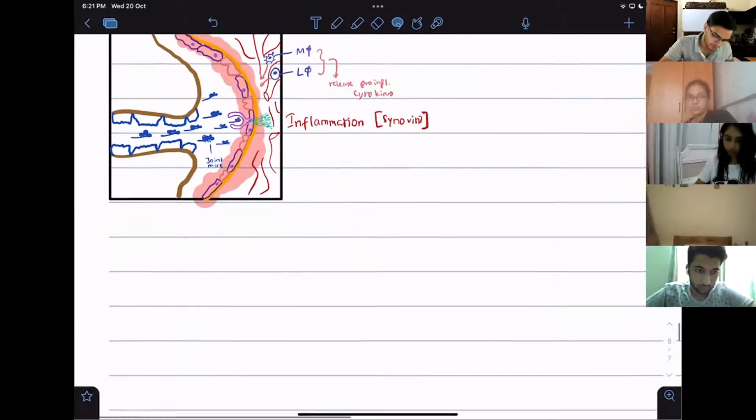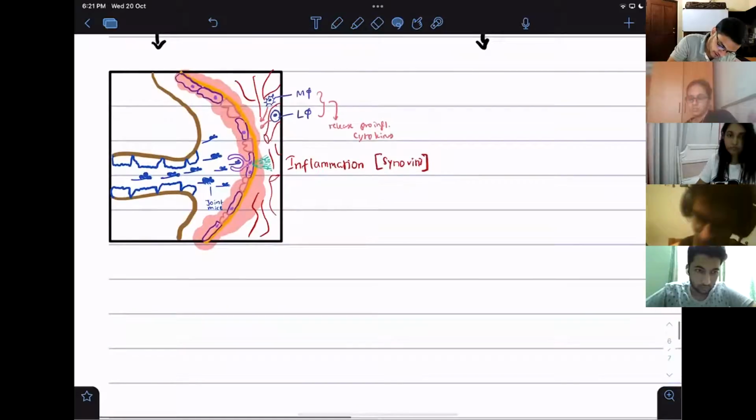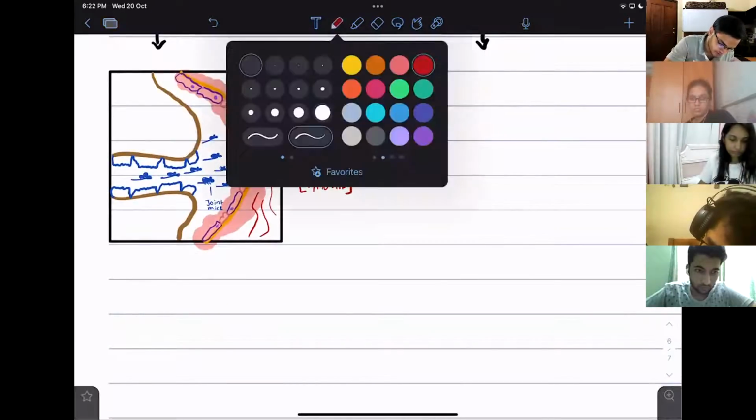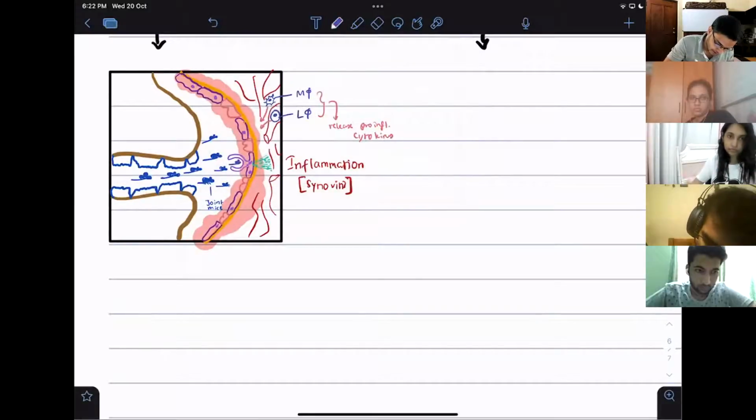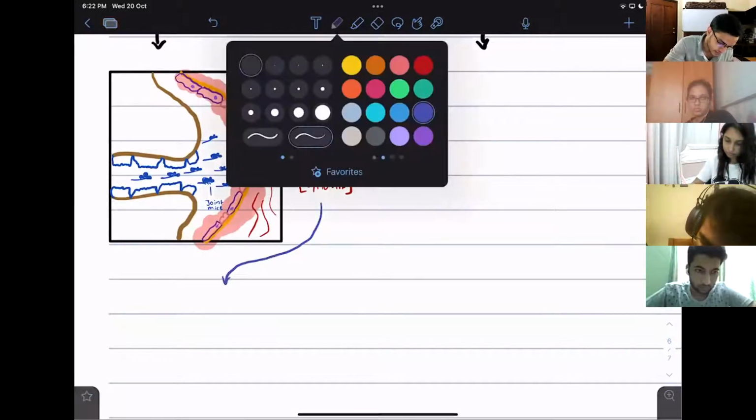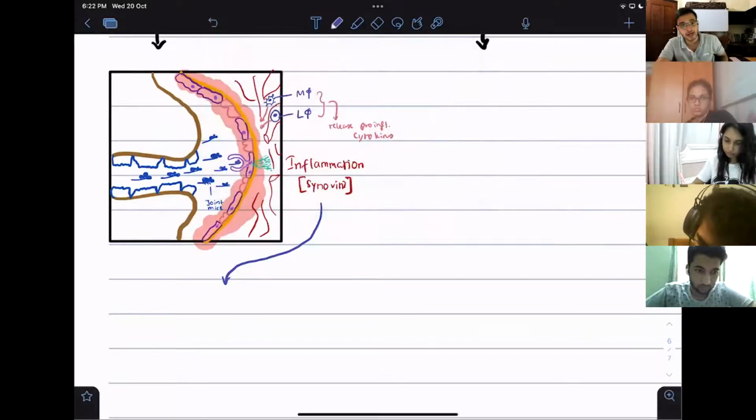Now, here's the important thing I want you all to know. Because of this synovitis, it is a bit of a problem. With time, if this synovitis continues, usually it does continue. Why? Because these risk factors cannot be easily removed. These are very chronic risk factors.